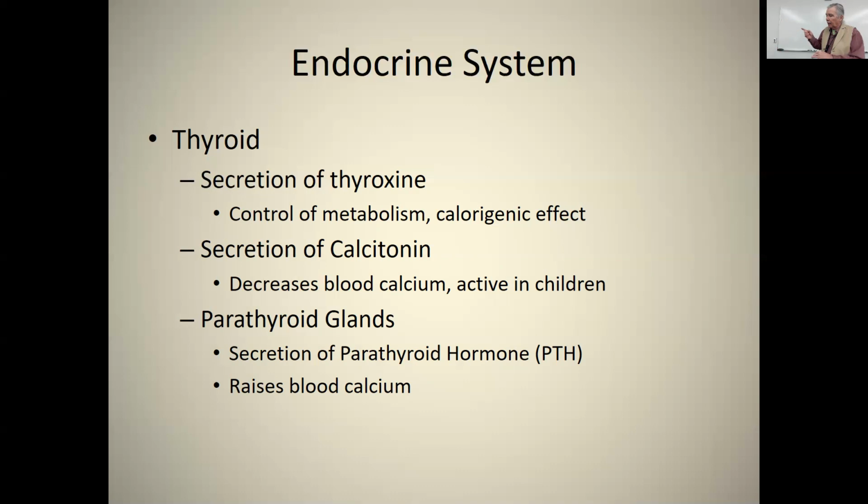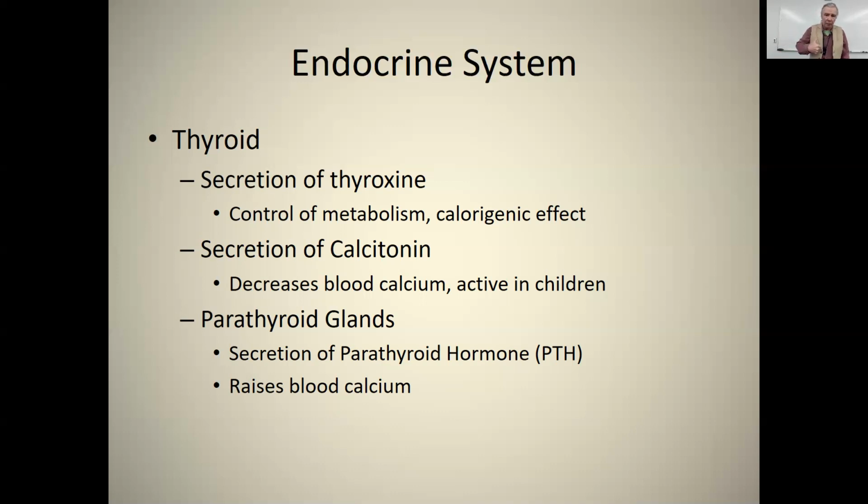Then secretion of calcitonin. This is a hormone that decreases blood calcium, active in children, not that much active in adults. And then within the thyroid are little islands of cells called the parathyroid glands. They secrete PTH, which is parathyroid hormone, and is a completely antagonistic hormone to the one secreted by the thyroid, calcitonin, because calcitonin decreases blood calcium.